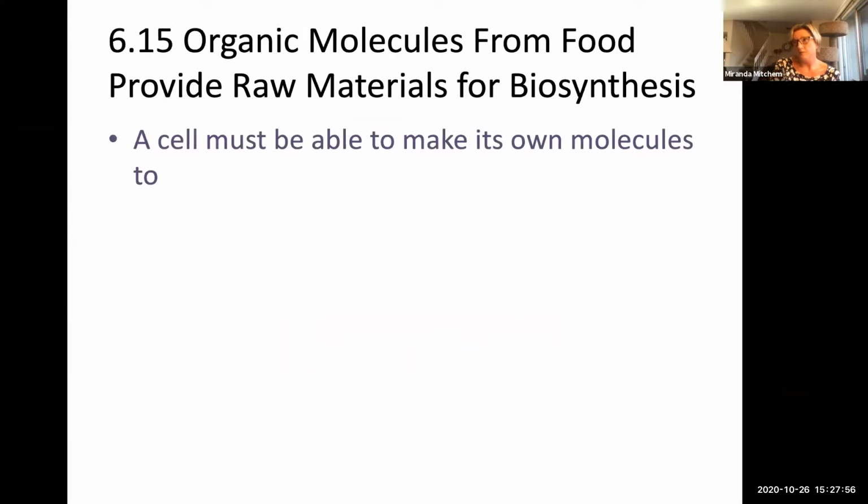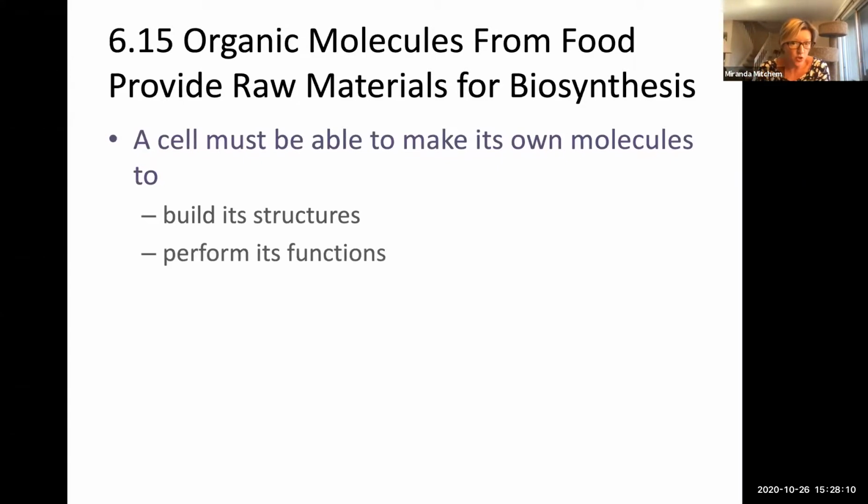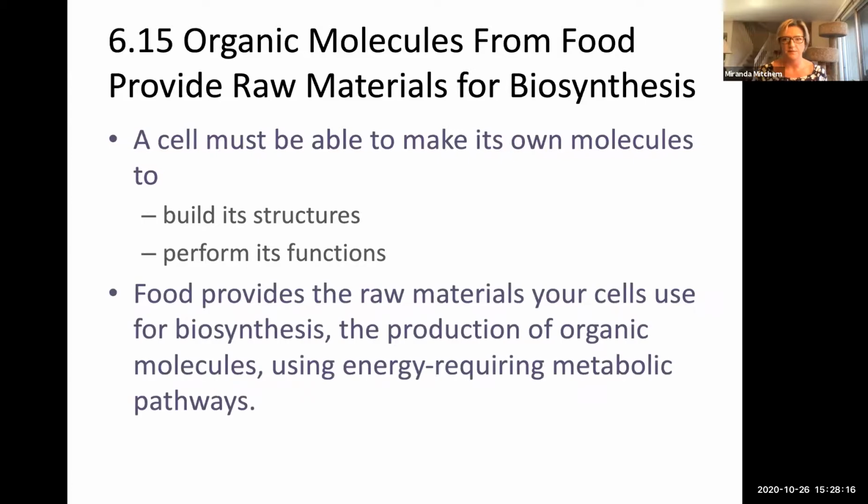So our food really is the raw building blocks that are needed so that our cells can make anything they need. Cells utilize these building blocks to make their own structures, but also to perform the various functions that each cell needs. So it is our food that really is that source of raw building blocks.